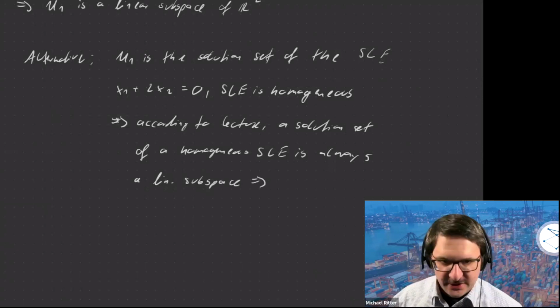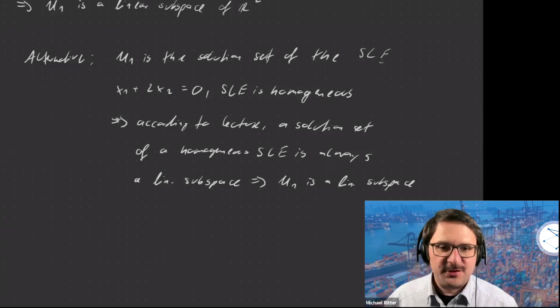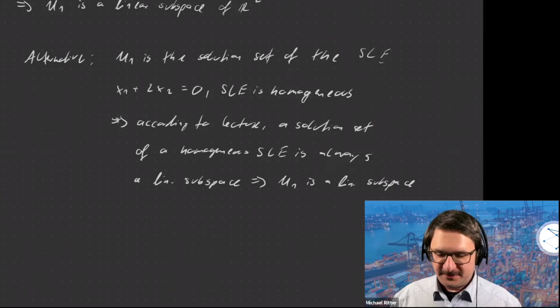And of course, U1 is such a solution set, so obviously U1 is a linear subspace. That's probably the shortest proof if you just use that general result here. And of course, that's totally fine for the exam.